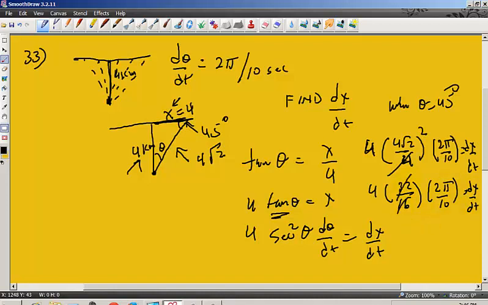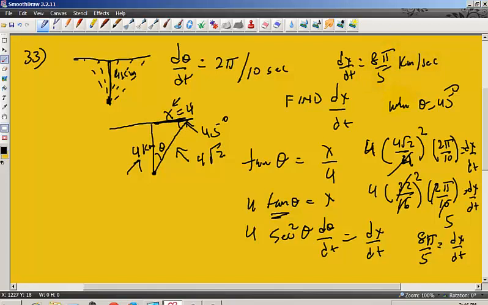This and this reduce, I get a 2. This and this reduce, I get a 5, and I'm going to get 8 pi over 5 as my dx/dt, in kilometers per second.